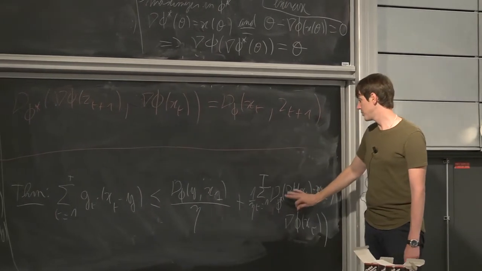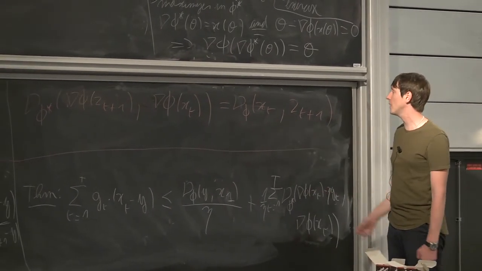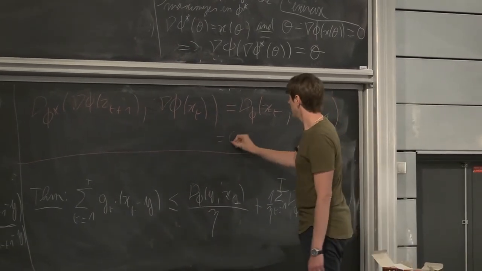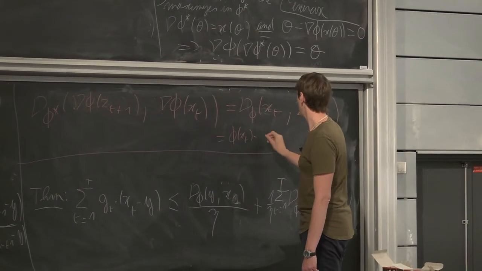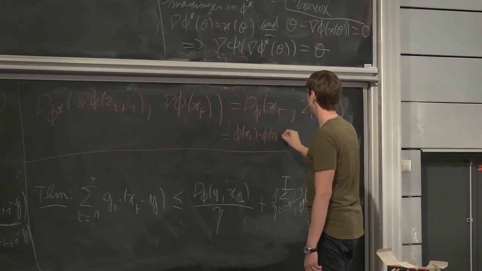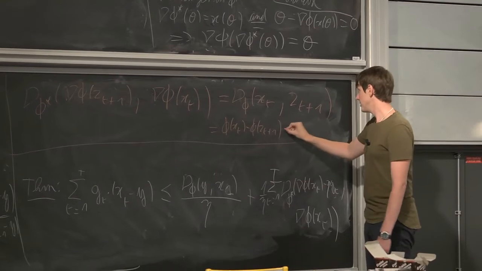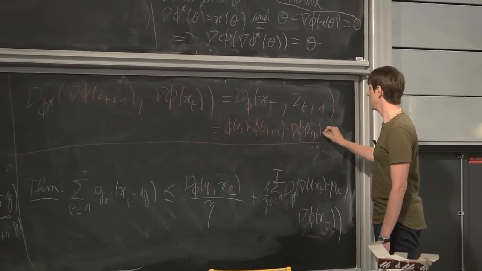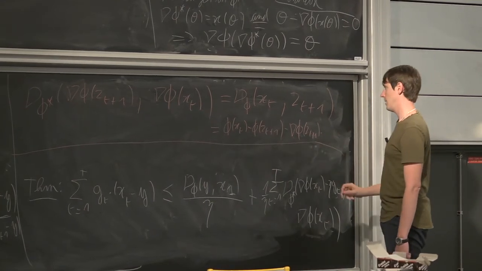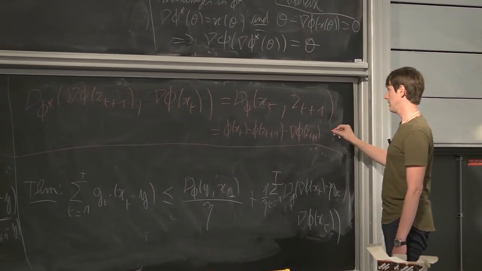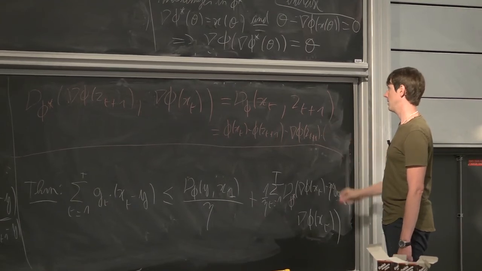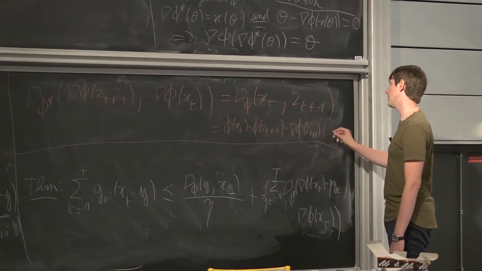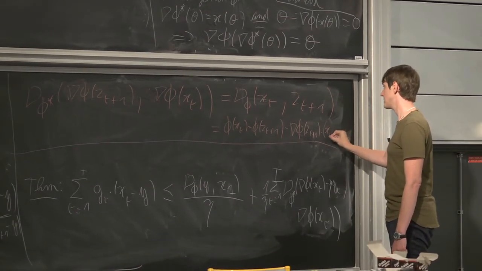So the remainder term that I want to make appear is D phi of xt, zt plus 1, which is phi of xt minus phi of zt plus 1 minus grad phi of zt plus 1 inner product with xt minus zt plus 1.